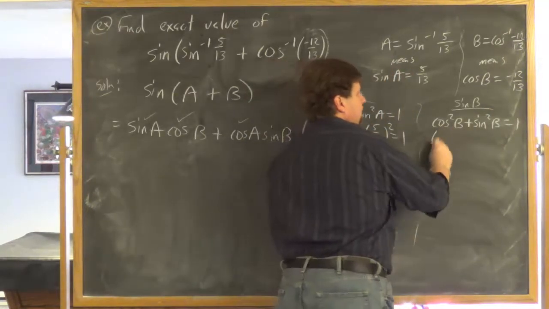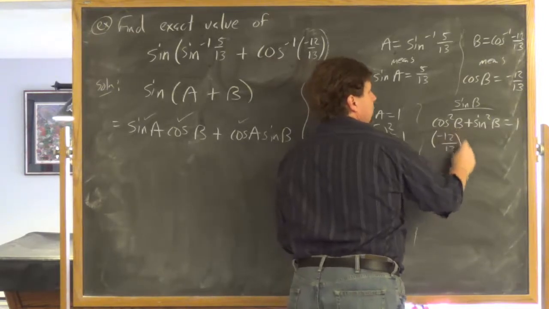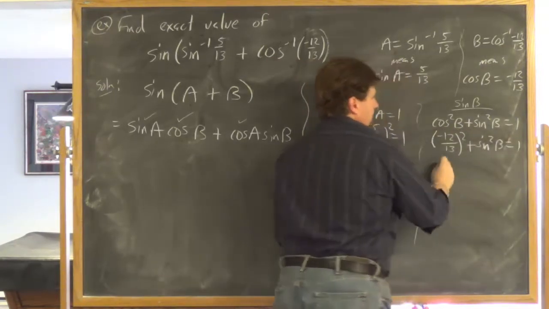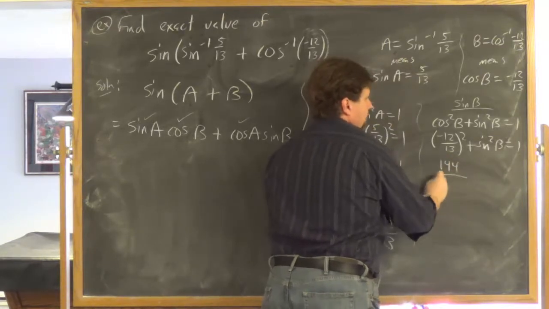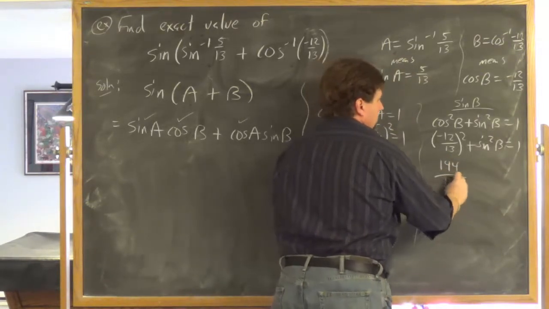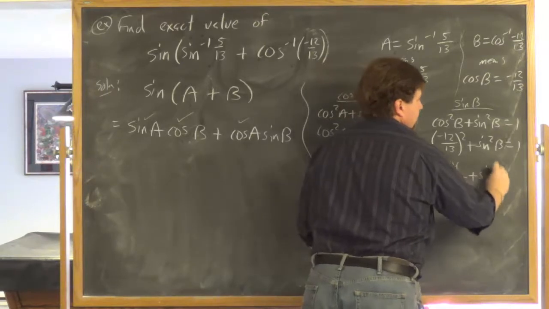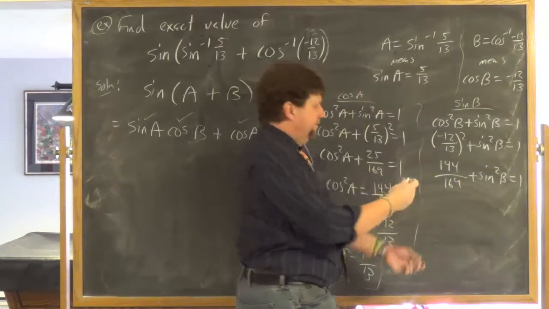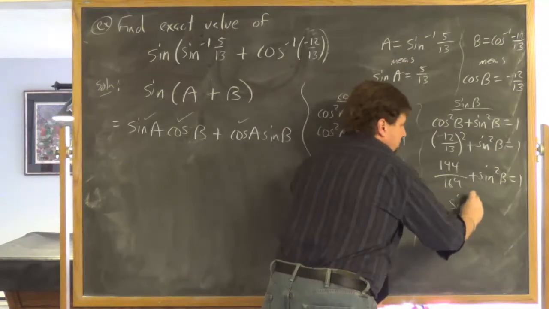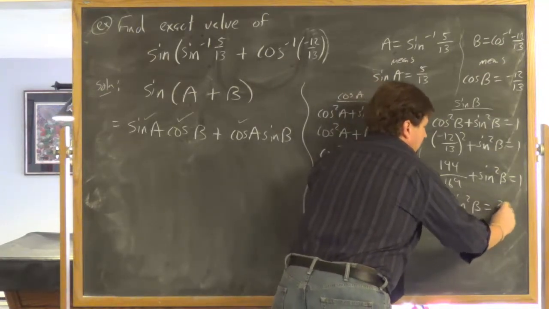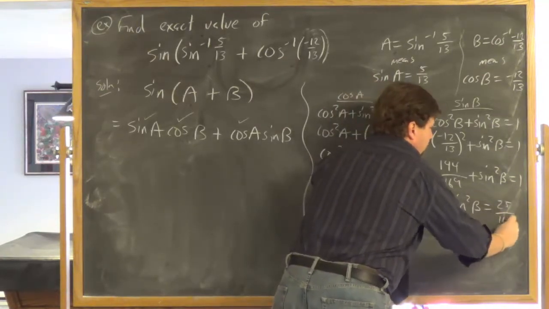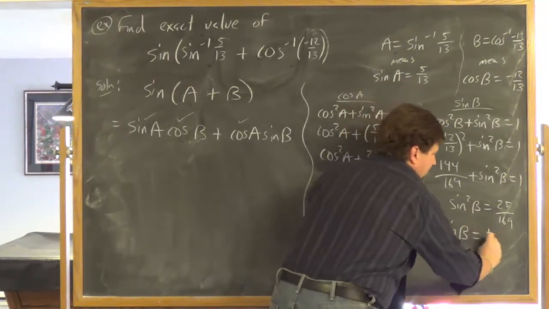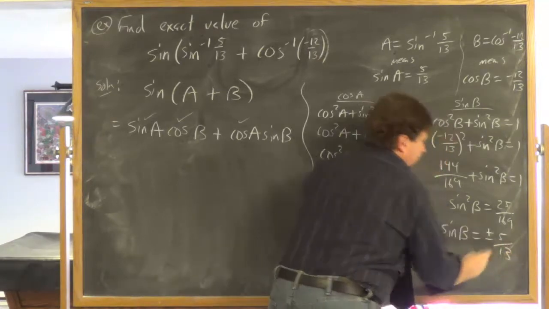I know cosine B is negative 12/13, so substitute that in. 12/13 squared is 144 over 169. Subtract 144 over 169 from both sides. That gives me sine squared B is 25 over 169. Take the square root of both sides and we get plus or minus 5/13.